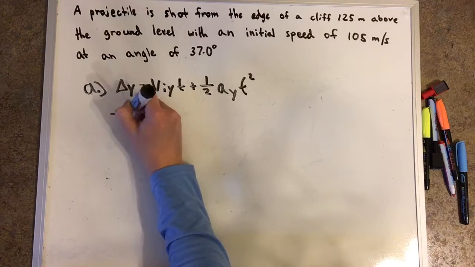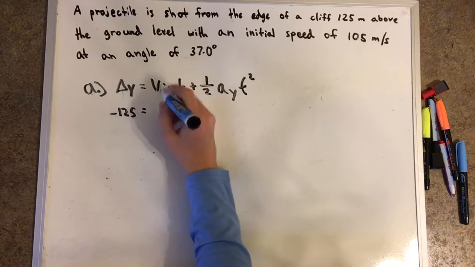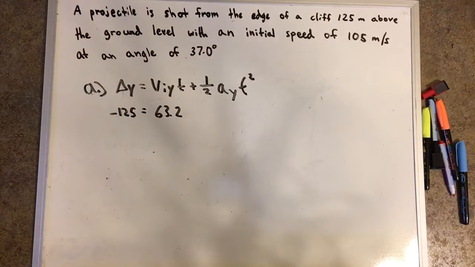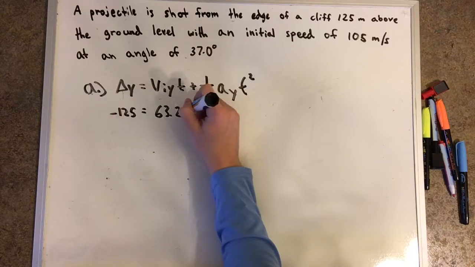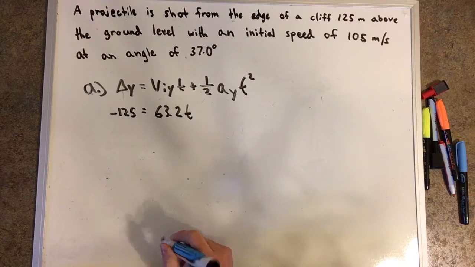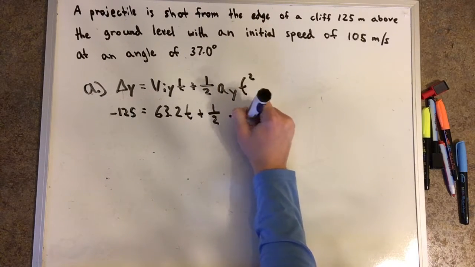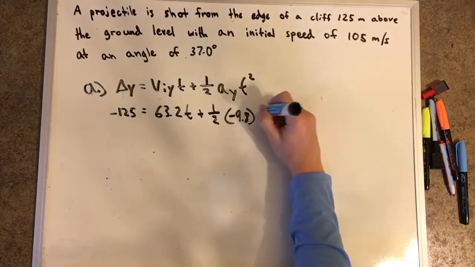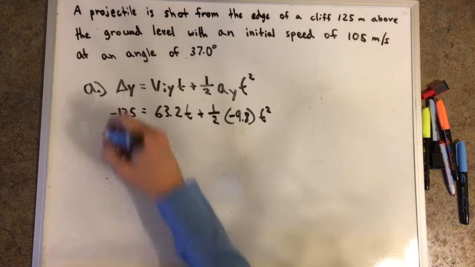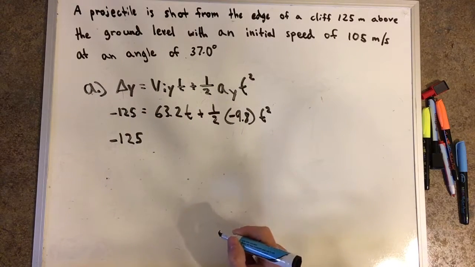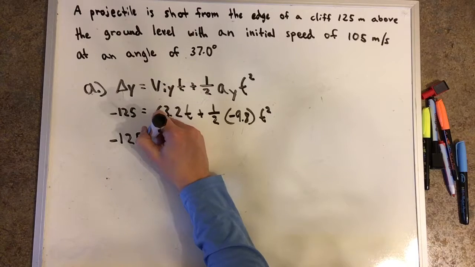Delta y is negative 125. Viy is 63.2, which is 105 sine 37 degrees. T, because t is unknown, plus half negative 9.8 t squared. Working through the problem, you try to isolate t, which is time.